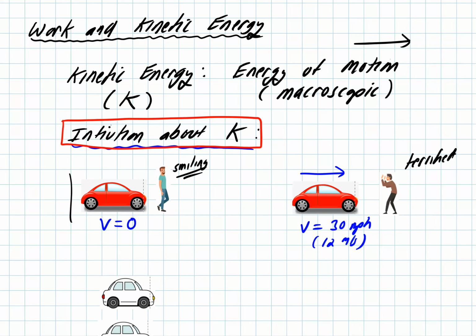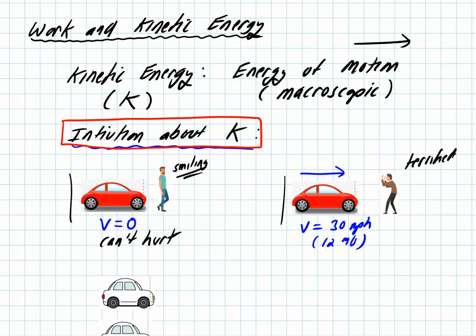These cars are basically the same car, same color, same type of car, same structure. So we already know there's something fundamentally different about these two cars. And you already know what it is: this car can't hurt anybody.